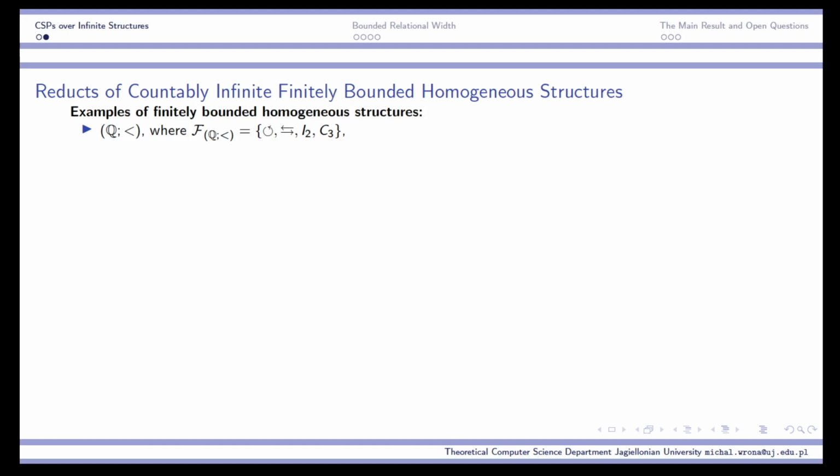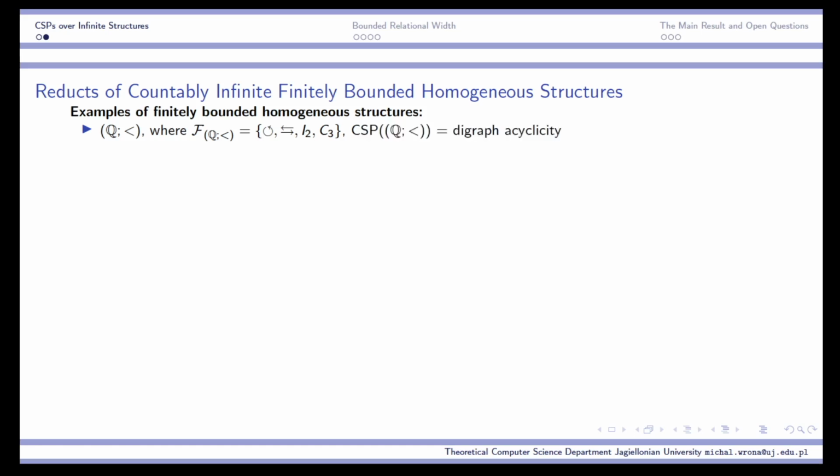In the case of Q with the order, the bounds are the loop, the symmetric edge, the independent set, and the three-element cycle. So a finite structure can be embedded into Q with the order if and only if none of these four structures embeds into this finite structure.